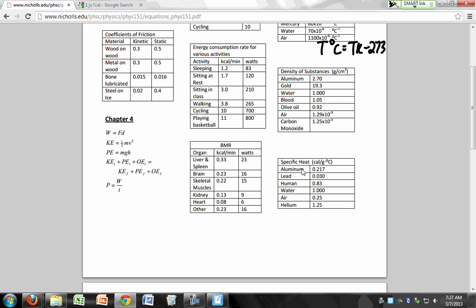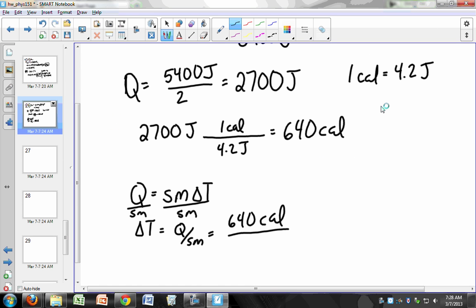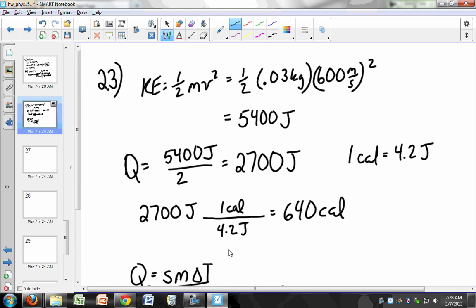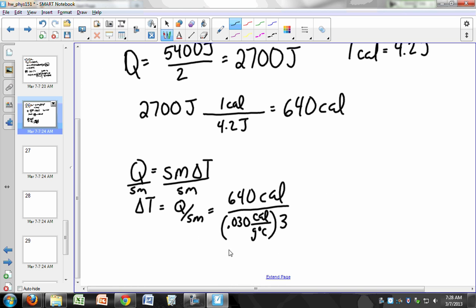See, the specific heat of lead is 0.030 calories per gram degree Celsius. And then the mass of my bullet, notice that this specific heat is in grams, so I have to use my mass in grams, and that's going to be my change in temperature in degrees Celsius.